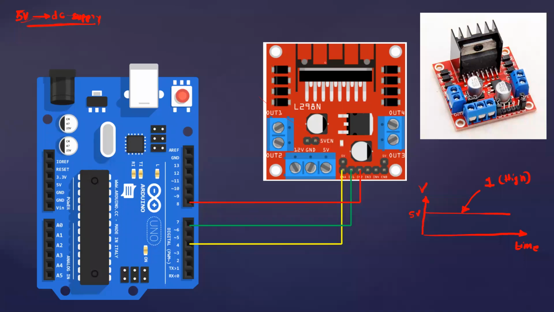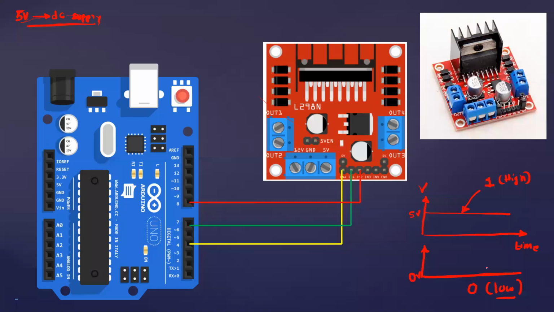This is the concept of the logic pulse. If you supply 0 volt, this is the pulse of 0 volt, and logically this is called 0, or a low pulse.